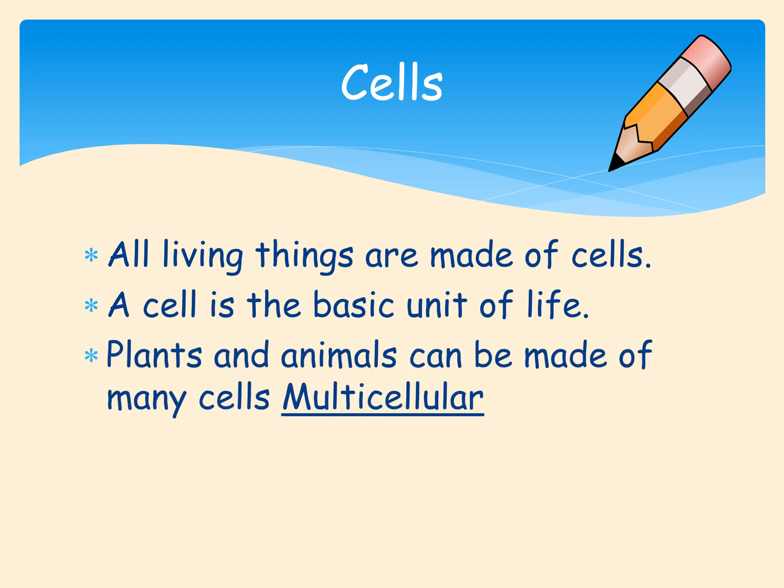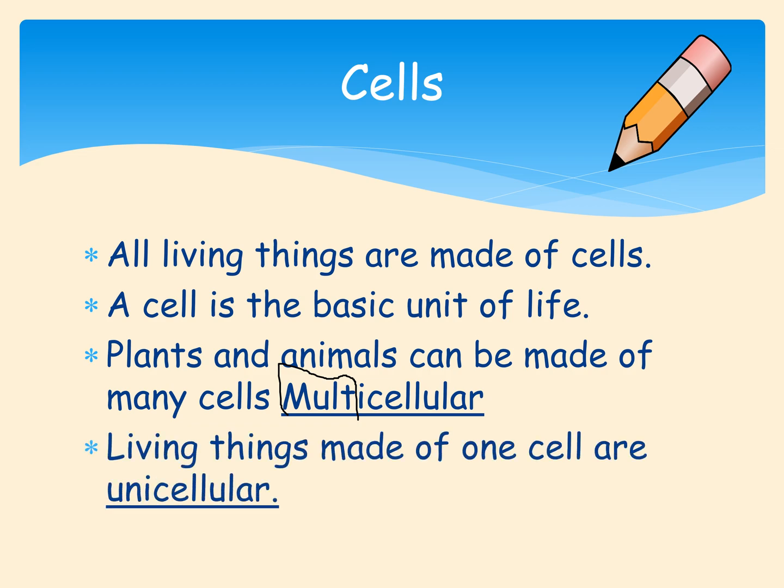Plants and animals are made up of many cells, so that means that they are multicellular. Multi meaning lots of. Each of their cells performs a specific job, whereas living things that are made up of only one cell are called unicellular. Uni for one, like you get a unicycle, which means one wheel.